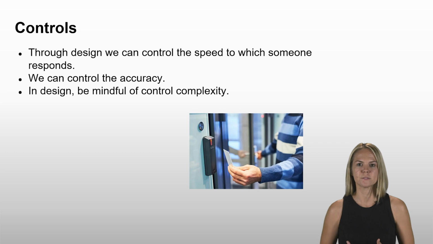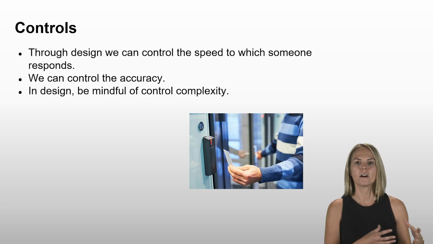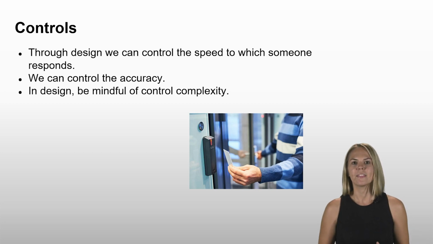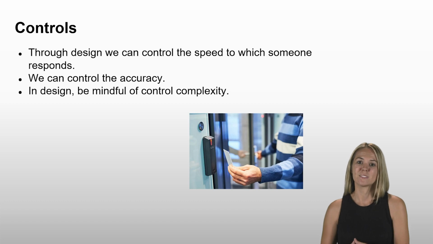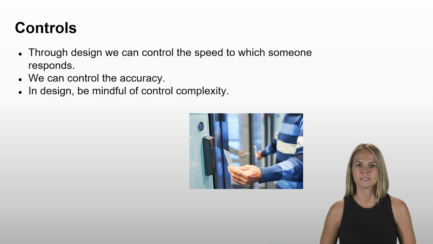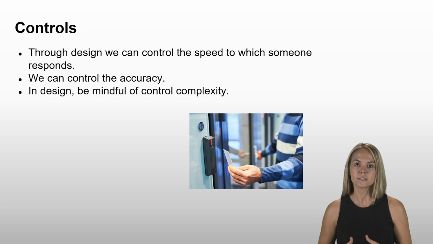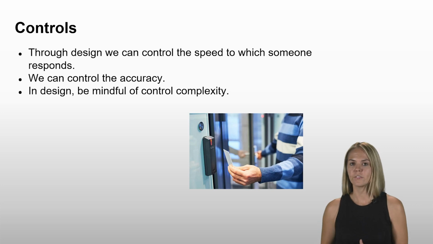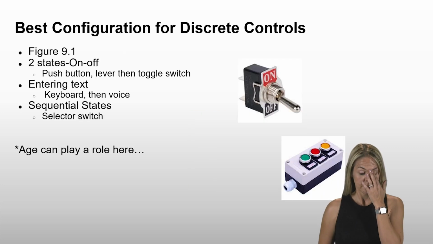Some of the main things we've talked about in design already are accounted for, but we need to be mindful that there are also other controls they might have to push, and that their hand might not be free because they're trying to crank something in the corner. I'm imagining a crazy cockpit where there's a lot going on and you can't be hitting buttons every second. And if they are, we need to be mindful of how complex the system is.